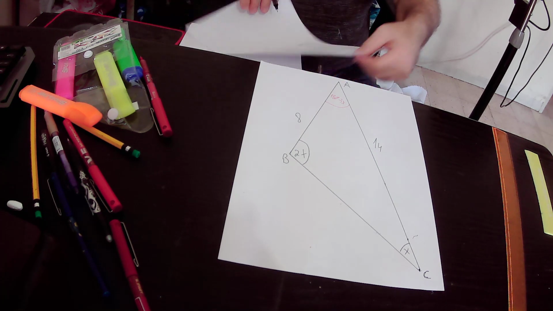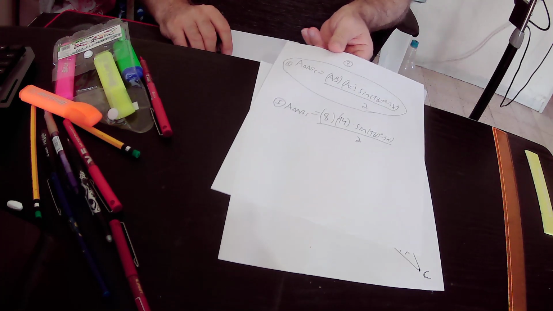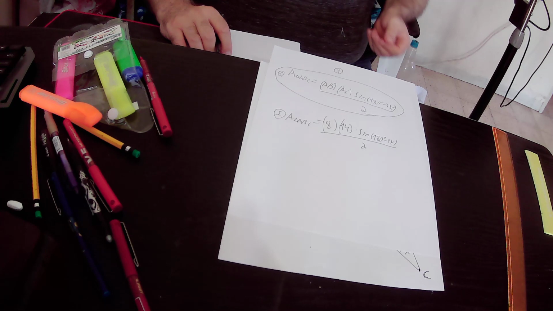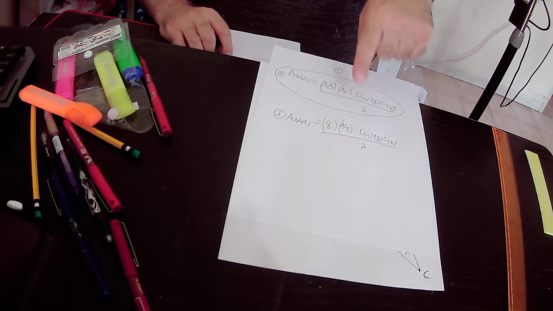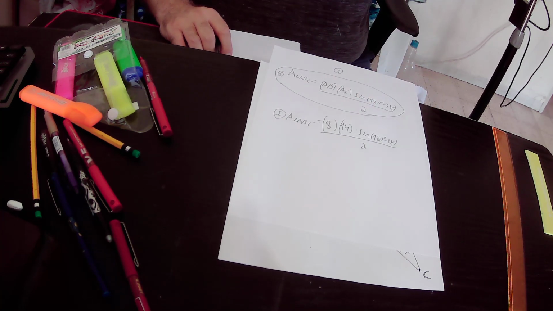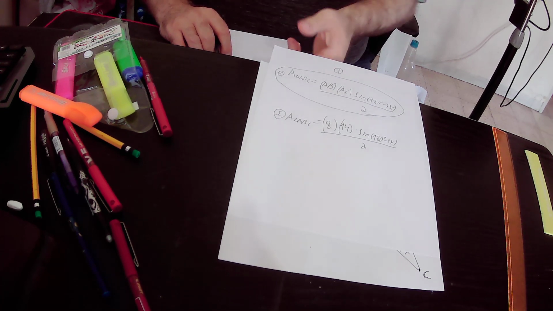So the area of triangle ABC equals 8 times 14 over 2 times sine of 180 degrees minus 3x. Here 14 over 2 is 7, and 7 times 8 is 56. So I'll write it down.